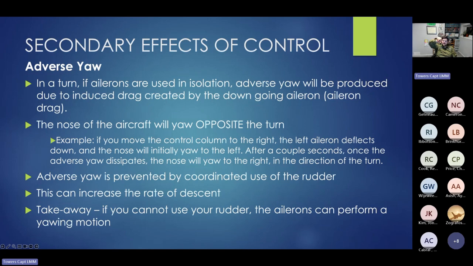And then there'll be a secondary white arc, which will be below the bottom of your green arc, and that will indicate your stall speed with the flaps deployed. And the top of the white arc will also be lower than the top of the green arc, because you don't want to be flying at your full speed with your flaps deployed.